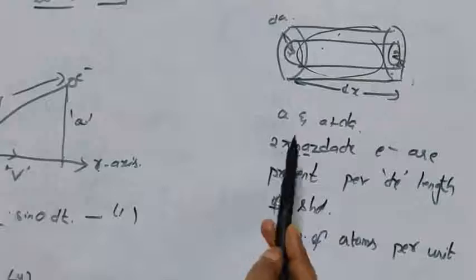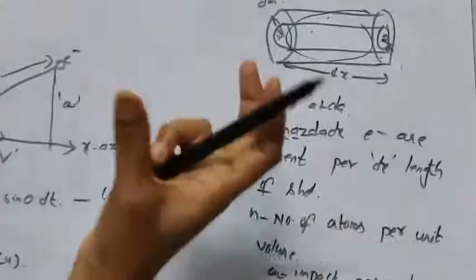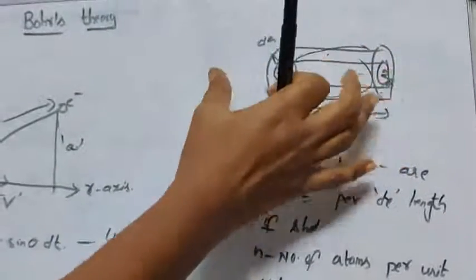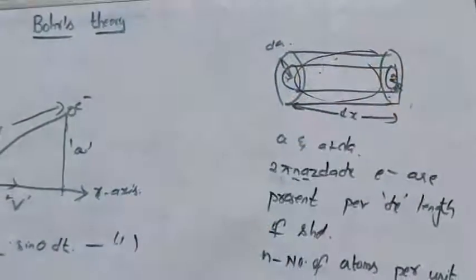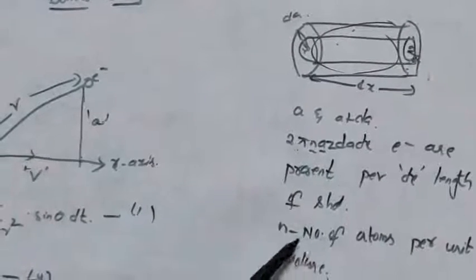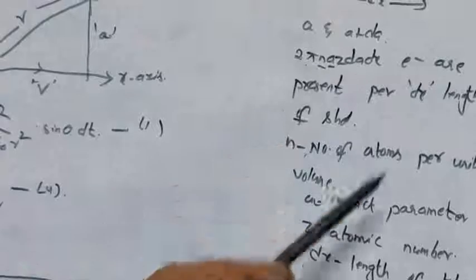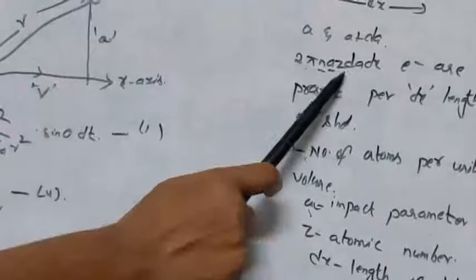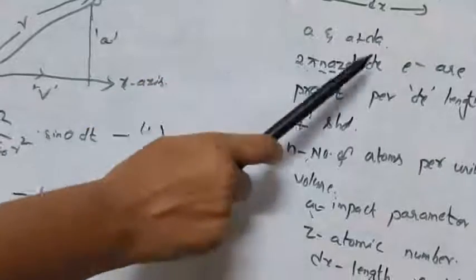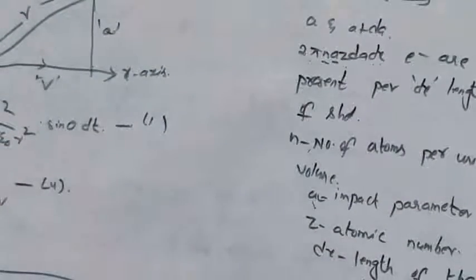If you add all these parameters, you get the total number of electrons present over the entire volume of the shell. And we have learned each parameter. Here N represents the number of atoms per unit volume, A represents the impact parameter, Z represents the atomic number, dA represents the radius, and dx represents the length of the cylindrical shell.